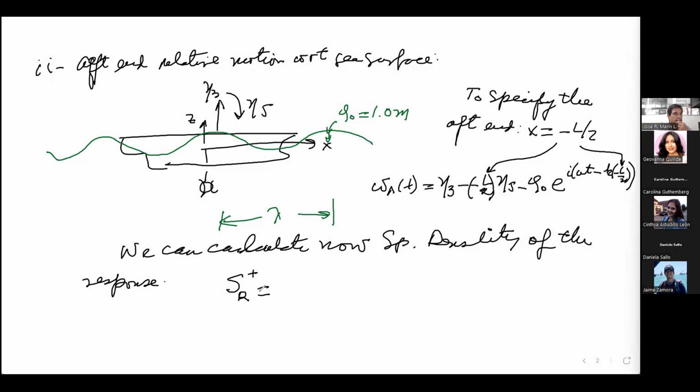Anybody? Spectral density of the response equal to? The spectral density of the waves times the RAO squared. Exactly. Yeah. So it's this.